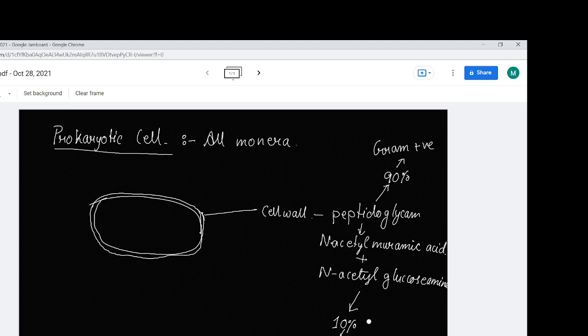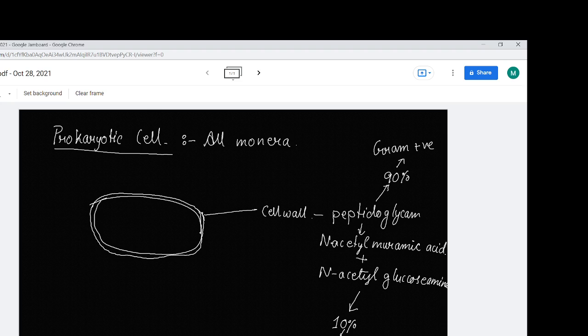Though this is not the exact reason for calling them gram-positive or gram-negative, they are called so because of their ability to accept the stain, that gram stain. If a bacterial cell is able to get stained by gram stain, then it will be called gram positive, and otherwise it will be called gram negative bacteria.